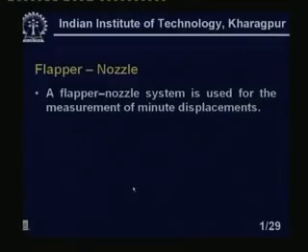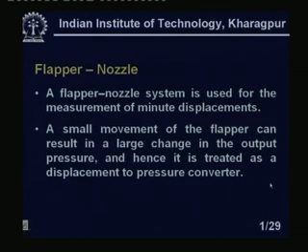A flapper nozzle system is used for the measurement of minute displacements. A small movement of the flapper can result in a large change in the output pressure, and hence it is treated as a displacement to pressure converter. That means displacement can be converted to pneumatic pressure, right.